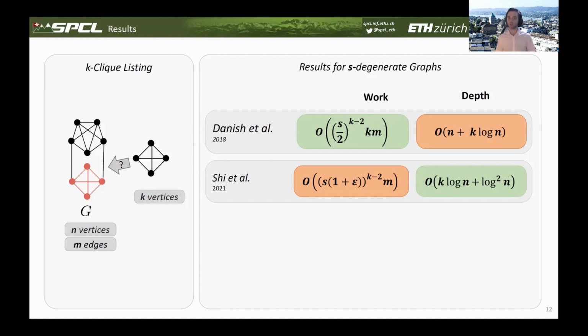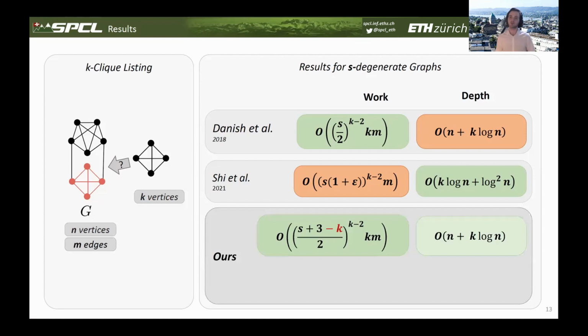We present 2 bounds here, which also strike a similar work depth trade-off, but for the same depth, we improve on the work. So first, for the same depth as Danisch et al., we get an algorithm which is now exponential in (s+3-k)/2.